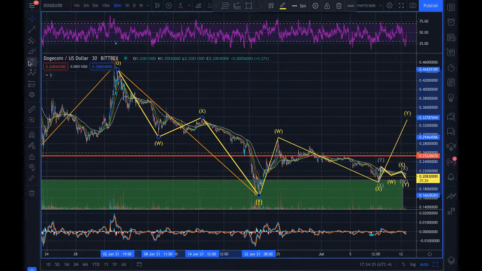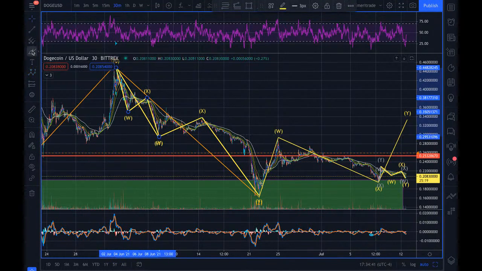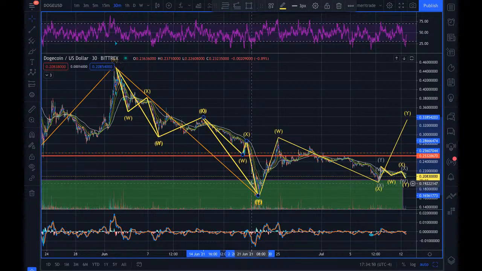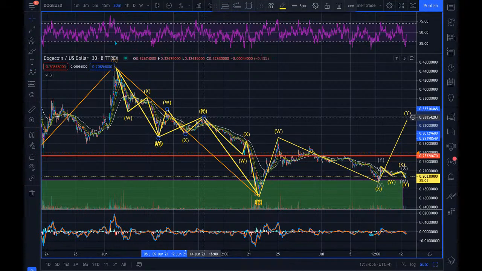There's 3 waves, and inside the 3 waves, there are 3 waves. See that? Okay, do you see all these 3 waves?